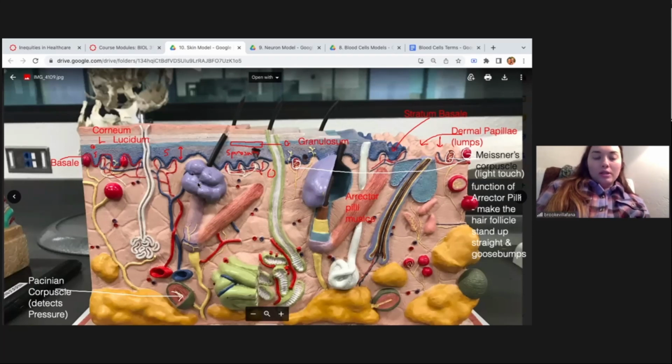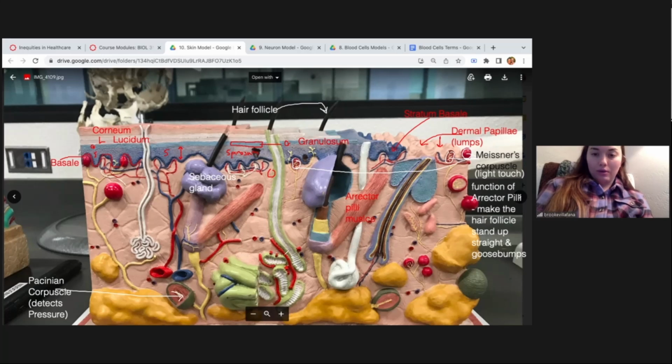The hair follicle is surrounded by the sebaceous gland, right? So this is the sebaceous gland. The hair follicles are these little guys that stick up here at the top. You don't need to identify the sweat glands on this model.